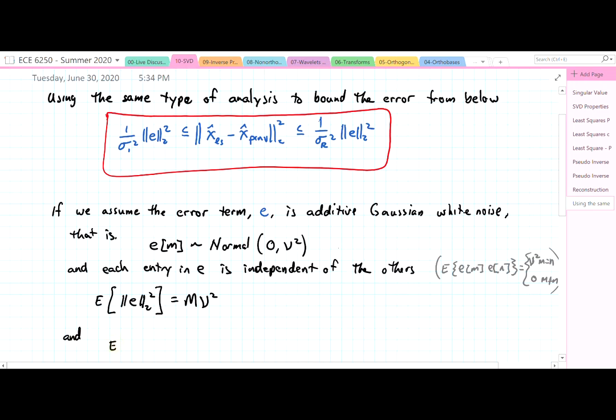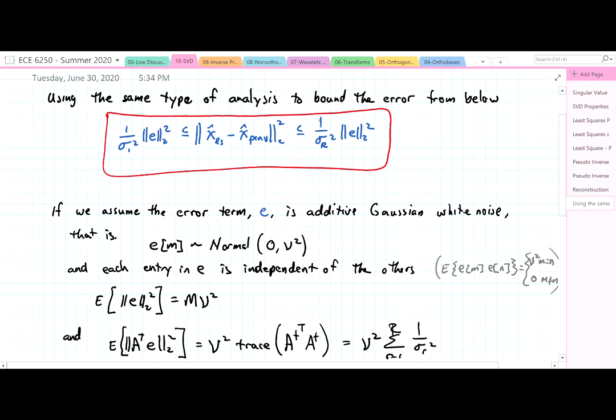And so the expected value of the norm of A dagger E squared is going to be nu squared times the trace of A dagger transpose times A dagger, which is just equal to nu squared times the sum of 1 over sigma_r squared.